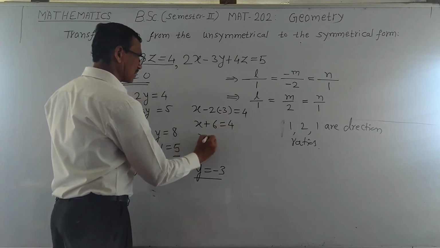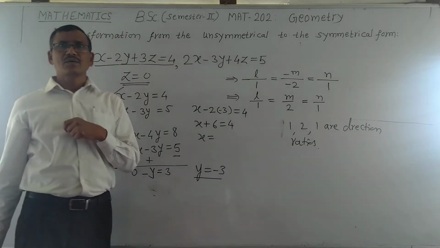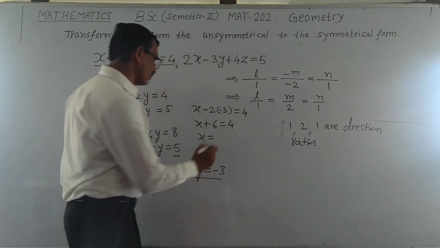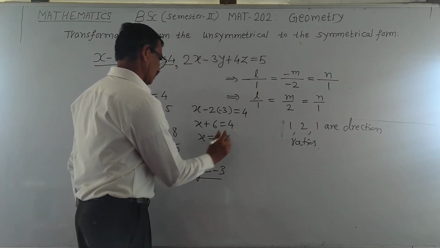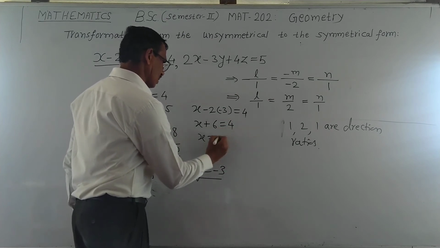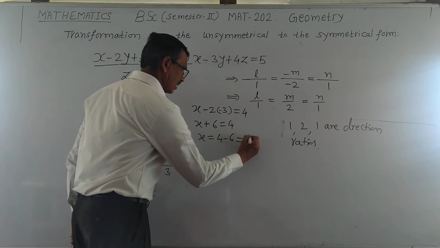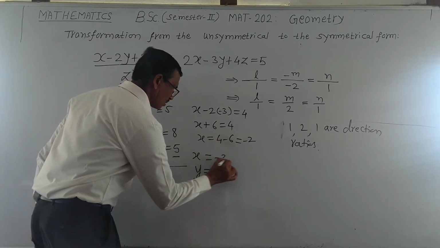That is x equals, transfer this 6 to the right side, which will become negative, that is 4 minus 6. 4 minus 6 is minus 2. That means the value of x is minus 2.